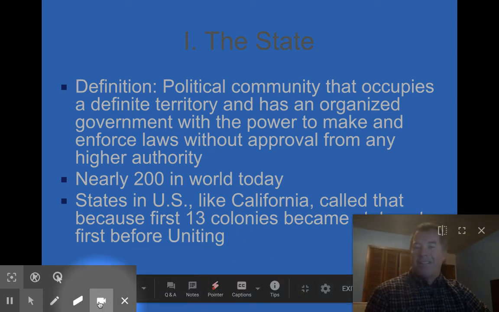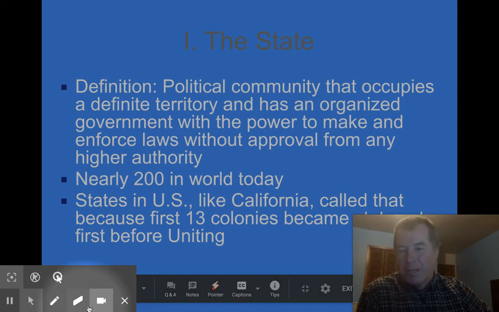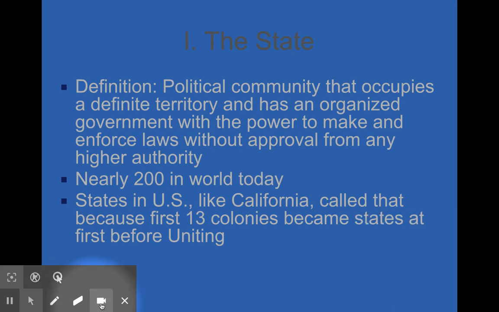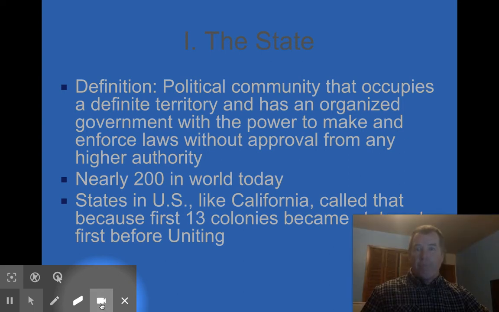So I'm figuring things out here. Colonies considered themselves states, in other words, they considered themselves independent. They were declaring independence from Britain because they didn't want to be controlled by anybody.